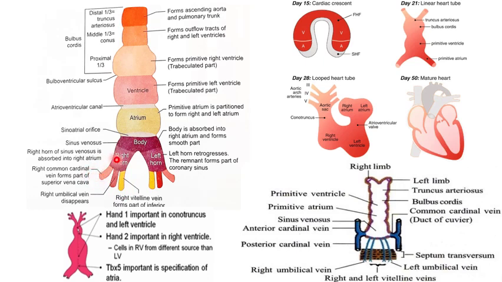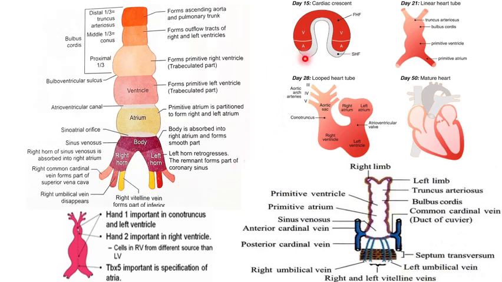The somatic is the common cardinal vein draining the blood from the body wall, the umbilical vein drains blood from the placenta, and the vitelline veins drain blood from the yolk sac. Of these veins, most are going to degenerate, leaving behind a few veins which form a main part in the fetal circulation. We will see that in general.